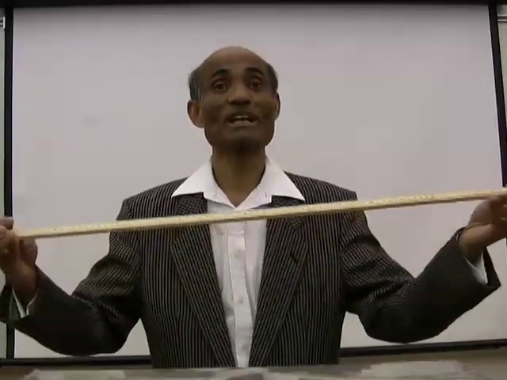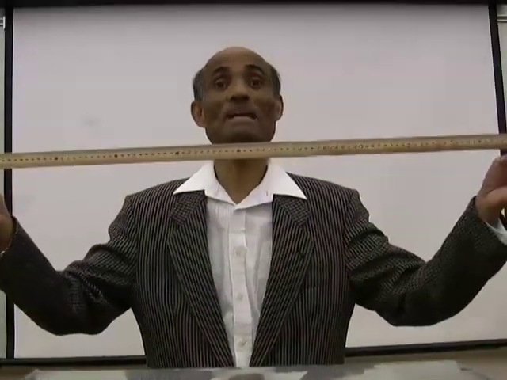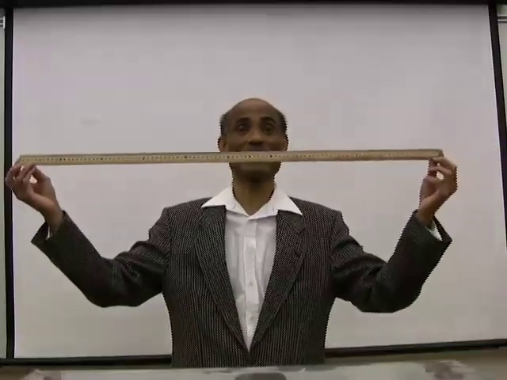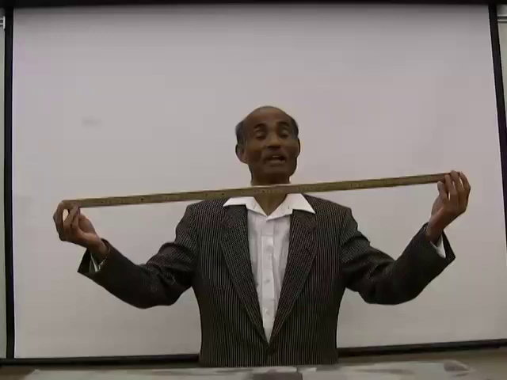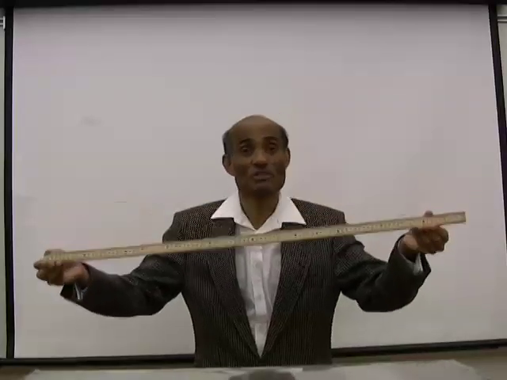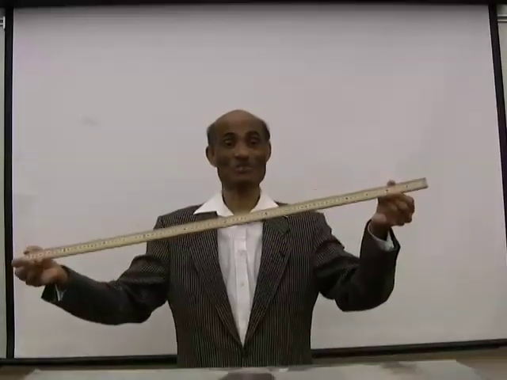The unit of measurement tells you the type of quantity measured. For example, the unit for measuring length is the meter. I have a meter stick here. That is 1 meter.